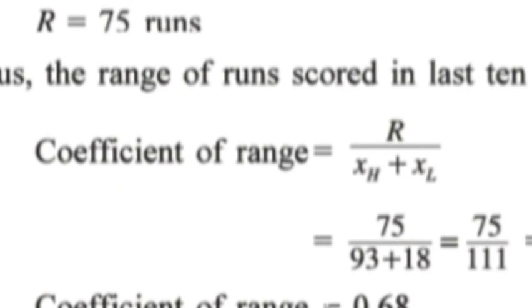Now why relative measure? Because in a relative measure we don't mention the unit. In this particular sum, the unit is runs, but in coefficient of range we are not mentioning the units, and that's why it is also known as a relative measure.